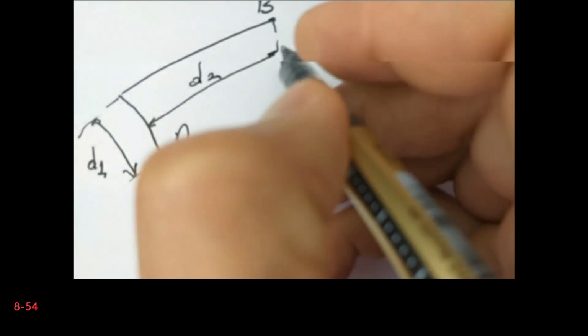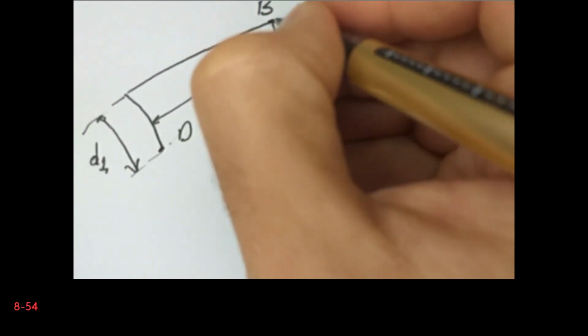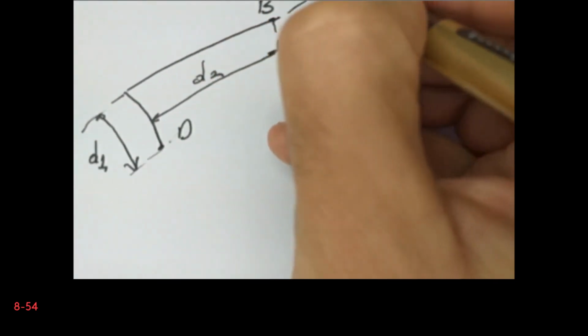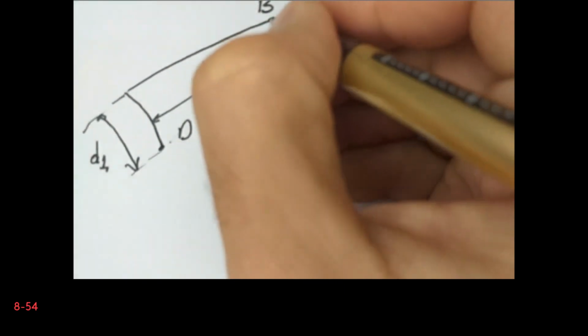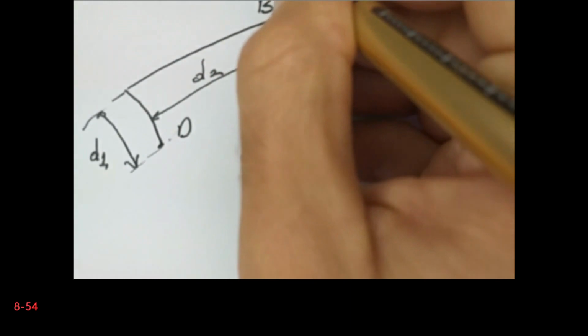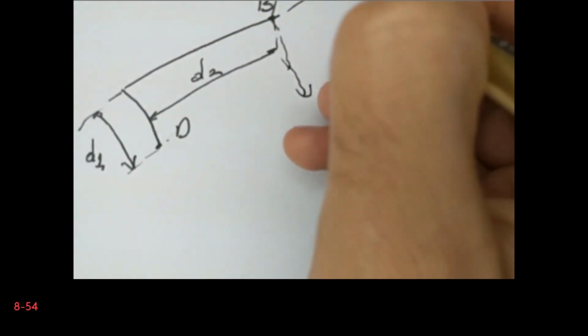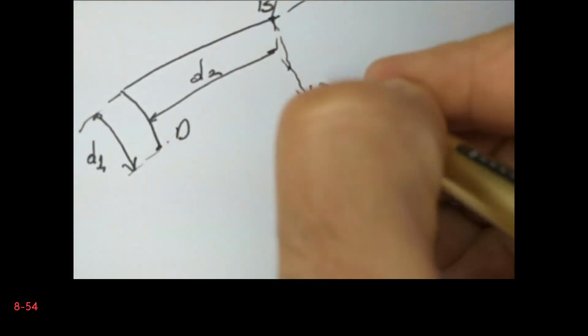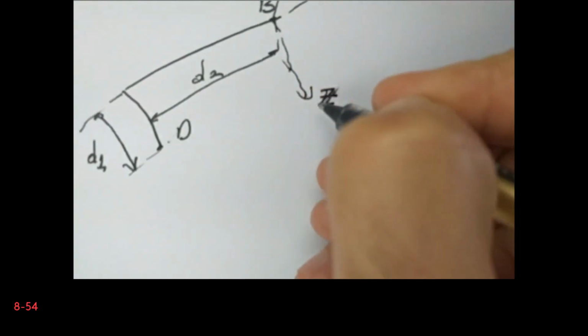Now at point B, the coordinate system is already given. This is X, this is Z, and we have the Y coordinate perpendicular to it. So let me show it like this.